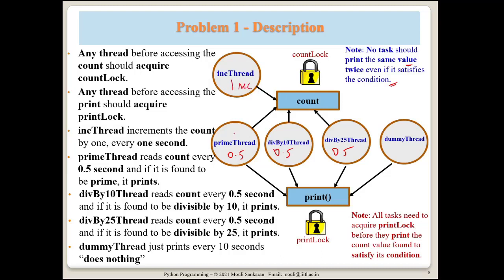So there is a possibility that a thread samples the same value twice. Suppose it is at 7, it reads it, finds 7, and prints the value 7. Then again 0.5 second is over, it accesses the count and finds it 7, and it will print 7 again. I don't want to see 7 coming out twice.